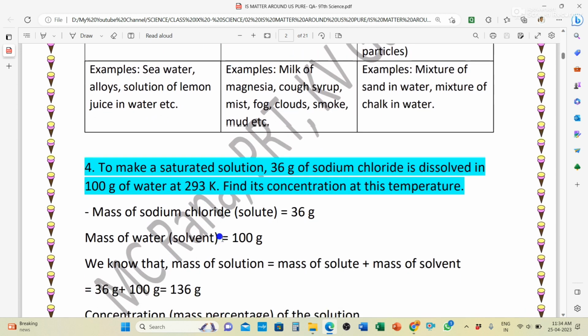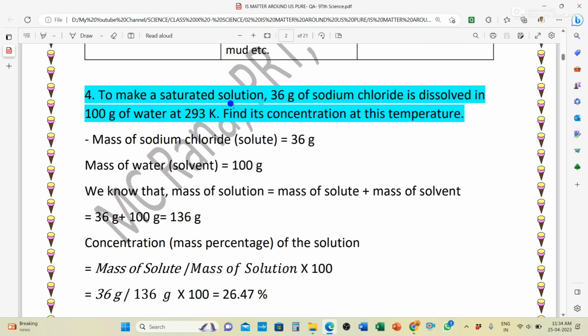Now, there is a mathematical question. To make a saturated solution, 36 gram of sodium chloride is dissolved in 100 gram of water at 293 Kelvin. Find its concentration at this temperature. Here the mass of sodium chloride is 36 gram and the mass of water is 100 gram. Sodium chloride is the solute and water is the solvent. We know that mass of solution equals mass of solute plus mass of solvent.